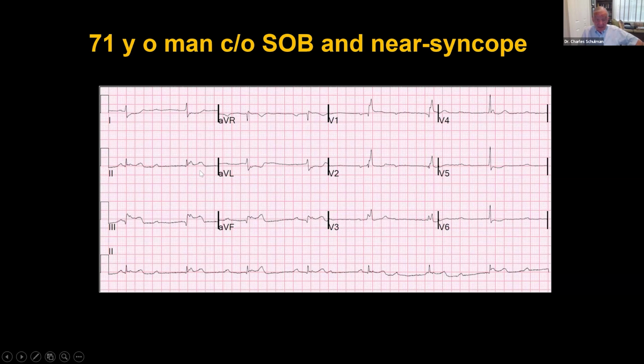In inferior infarctions, if the ST elevation is greater in lead 3 than in lead 2, that's almost certainly the right coronary artery. So the right coronary artery has caused this STEMI and heart block.